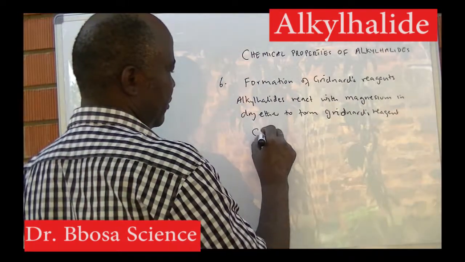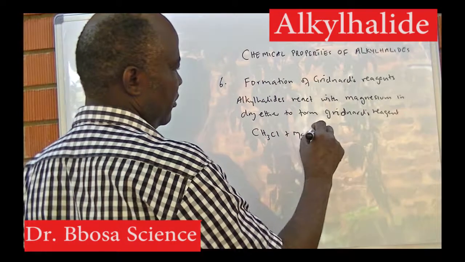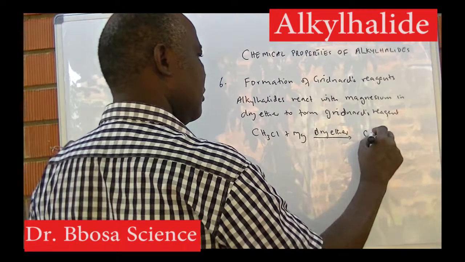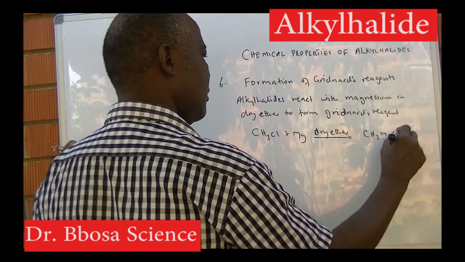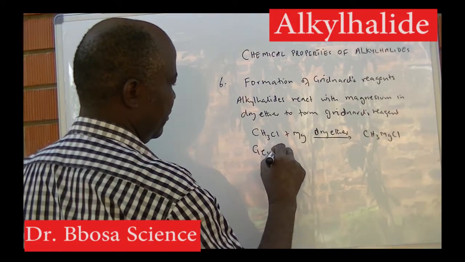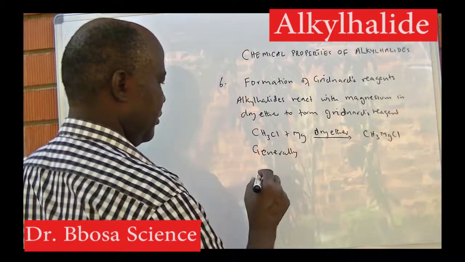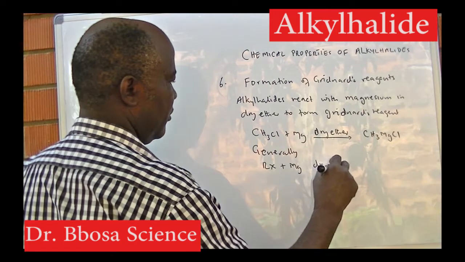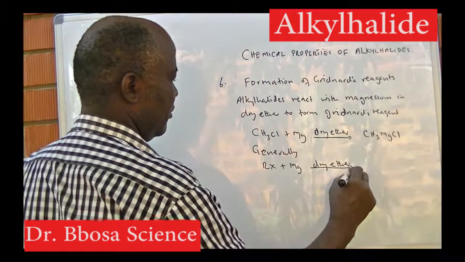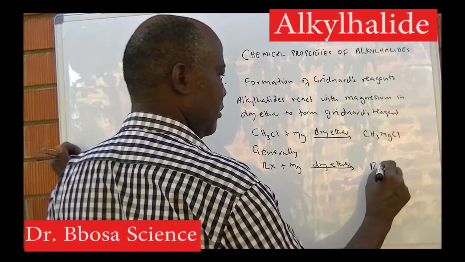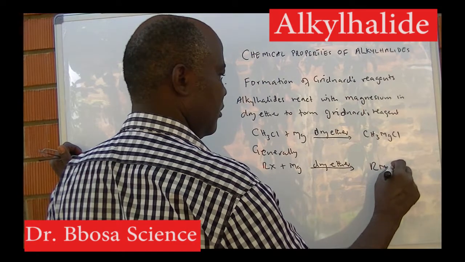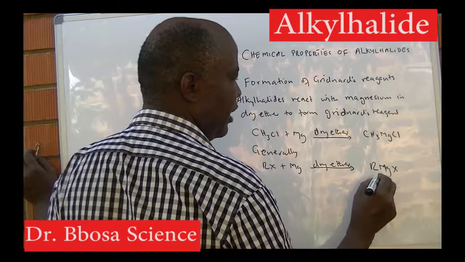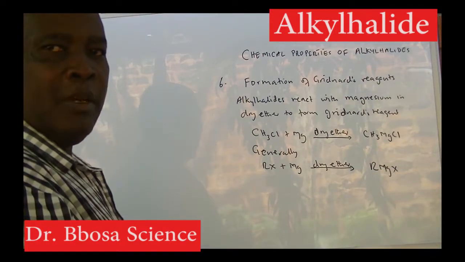Example: generally, alkyl halide plus magnesium, you get a Grignard reagent of the formula RMgX.